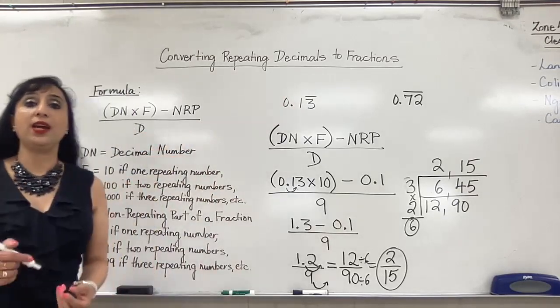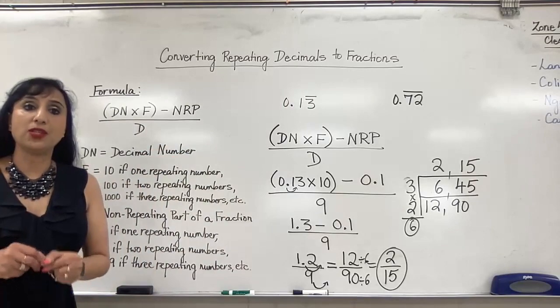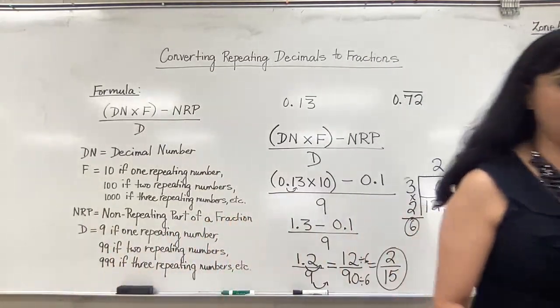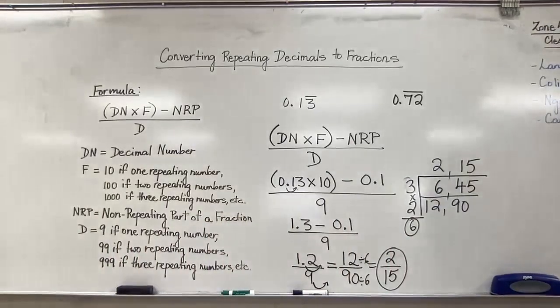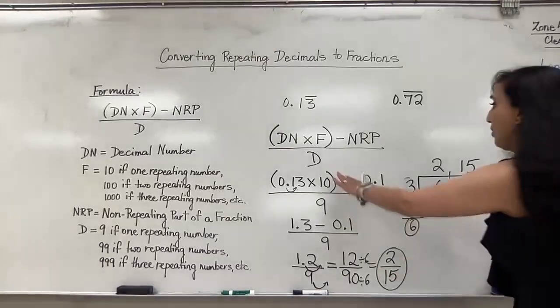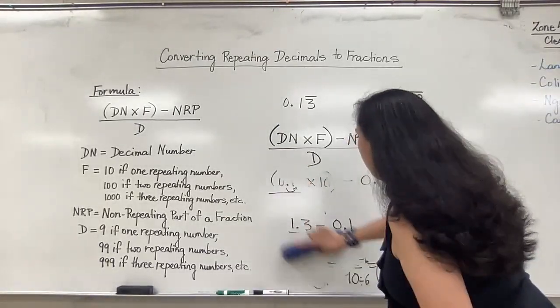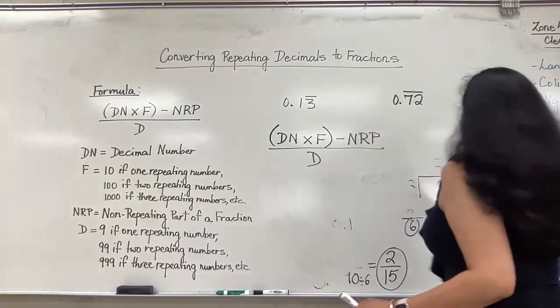Now let's try one where there are two numbers or two digits that are repeating. We are going to convert this also to a fraction in simplest form. I'm going to keep the formula here, and all I'm doing is substituting the values.